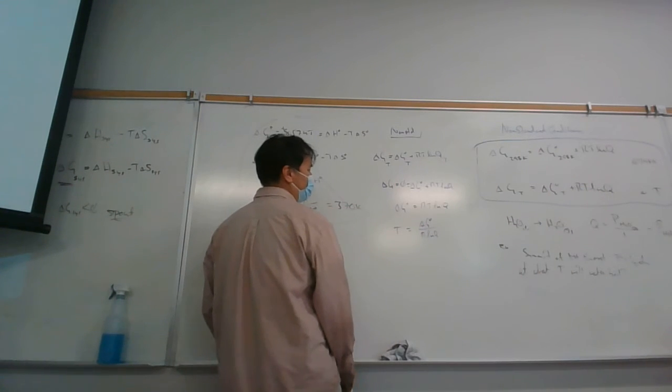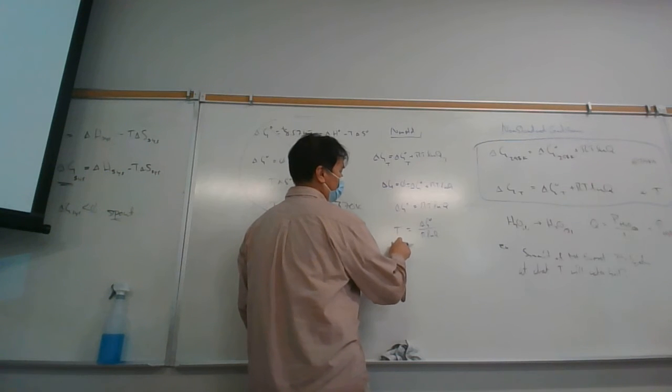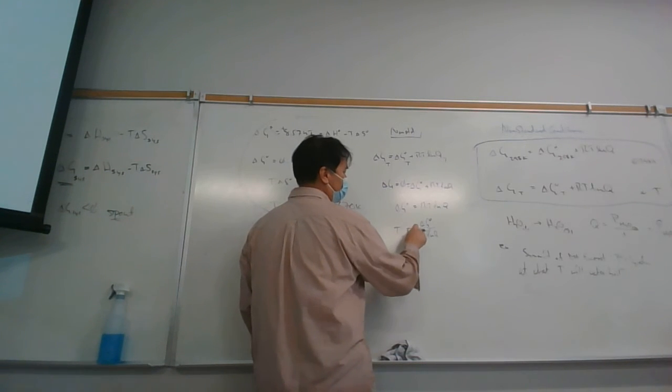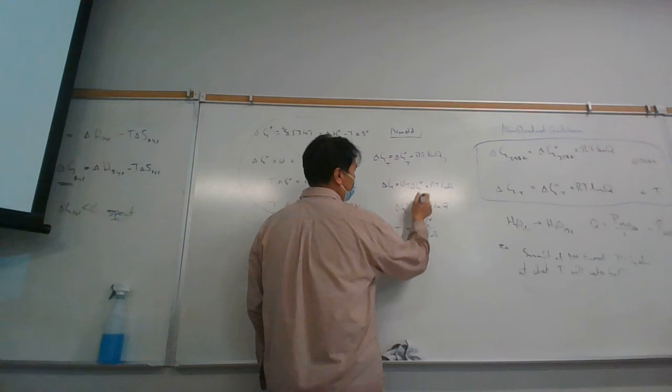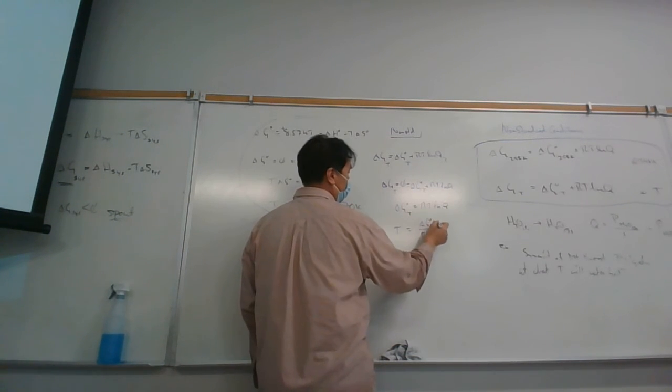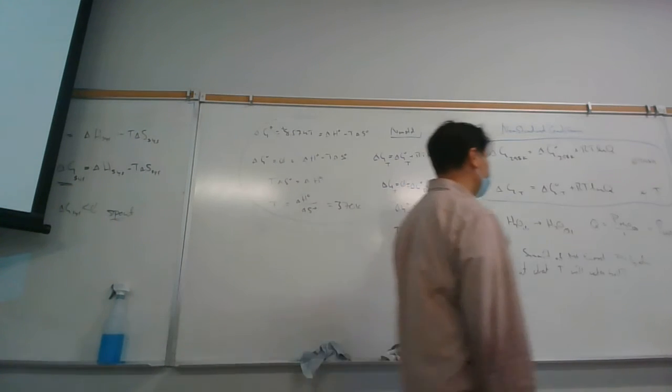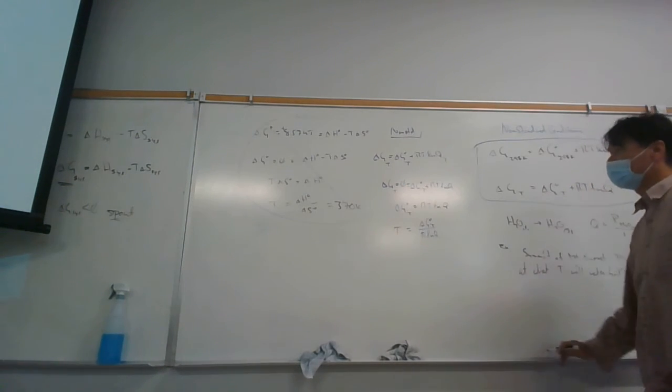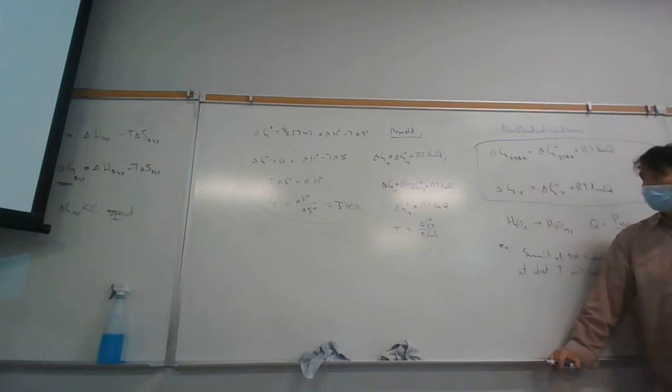The problem arises here. In order to calculate the temperature, we need to know what delta G naught is at that temperature T, because delta G naught changes significantly with temperature. We saw that we were able to make water boil spontaneously by increasing its temperature.